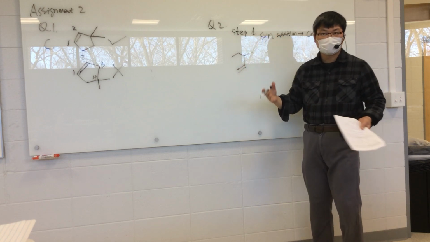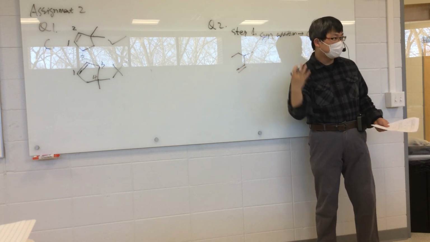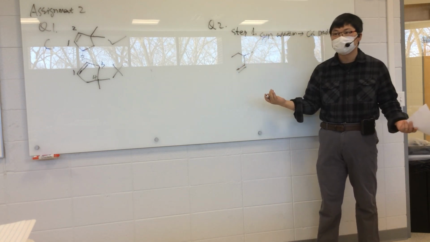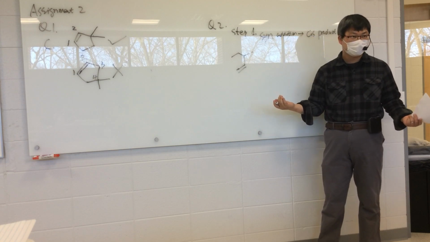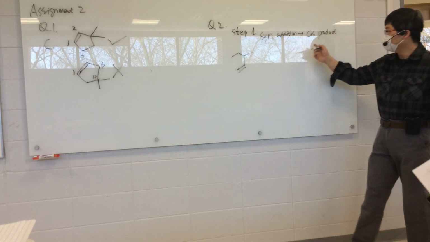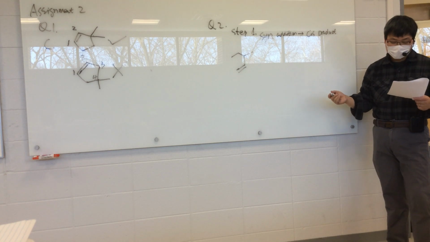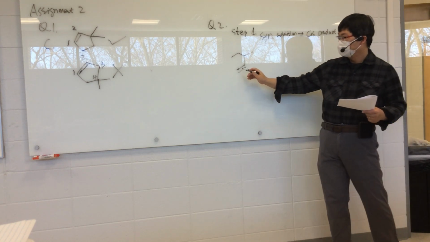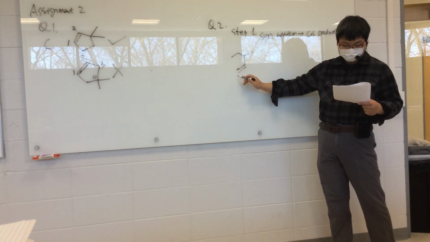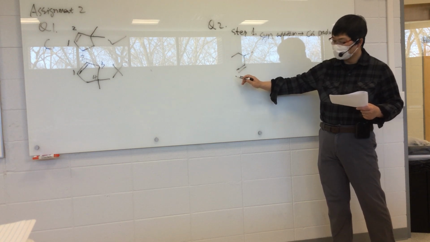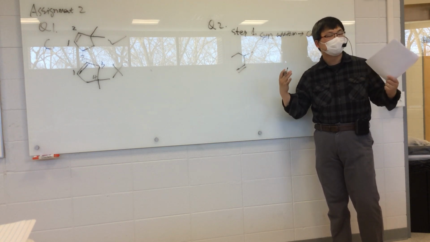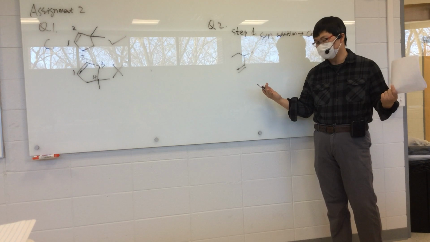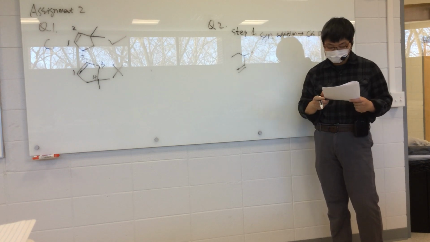For this carbon, there are two identical hydrogens. So there's no cis or trans. But we know it's a cis product, but here it does not matter because you have two identical groups attached to the same carbon. So there's no cis or trans.